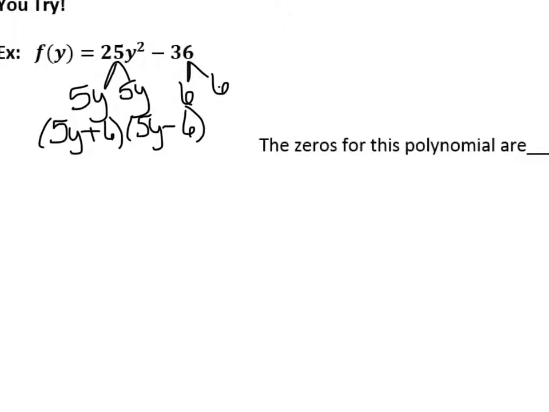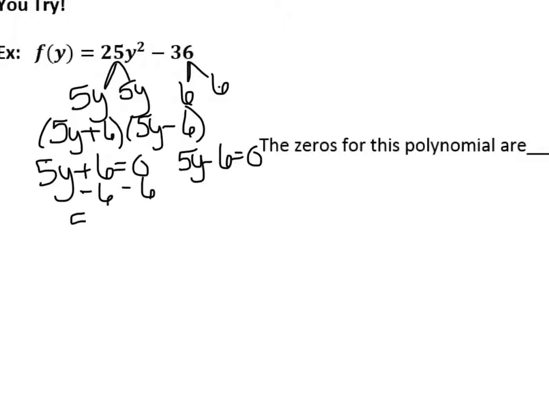Now we find the zeros by setting each of them equal to 0. So we subtract 6 and then divide by 5. And remember, you do not need to turn these into decimals, you can leave them fractions. So my two zeros are negative 6 over 5.